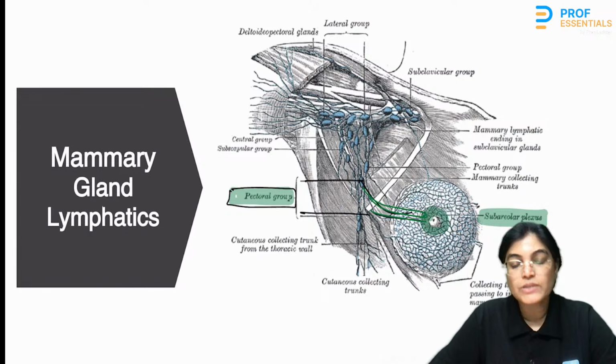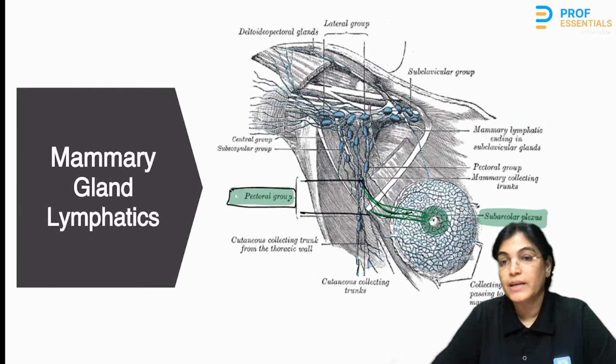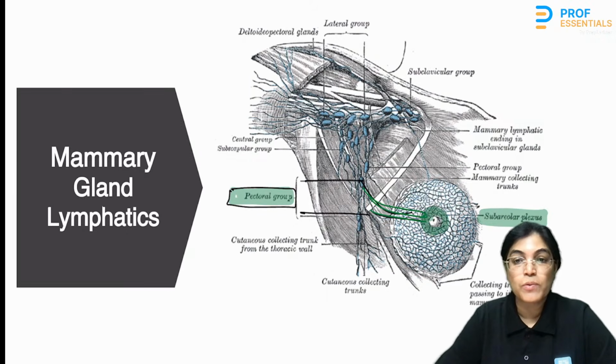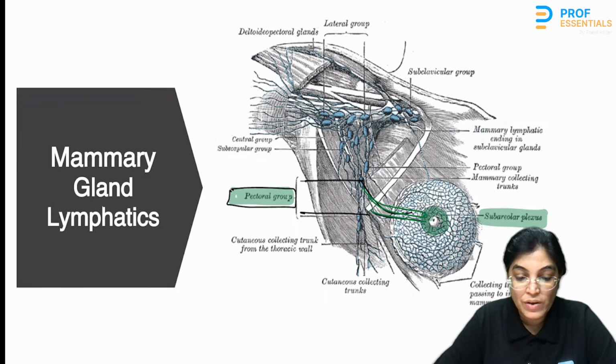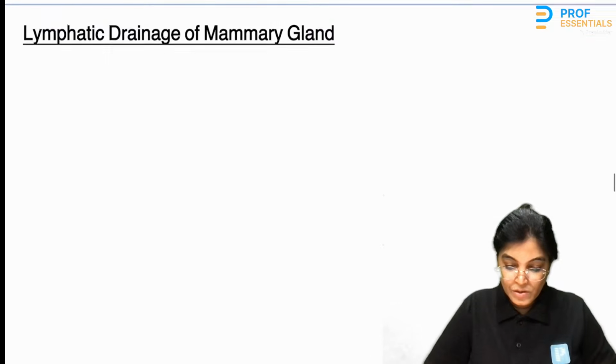Firstly I will explain, and then I will draw a diagram dividing the mammary gland into 4 quadrants and how the lymphatics from different quadrants reach which group of axillary lymph node, and how it traverses to the subdiaphragmatic or subperitoneal lymph vessels and reaches the ovary also. That also I will tell you. So let's go into the details.